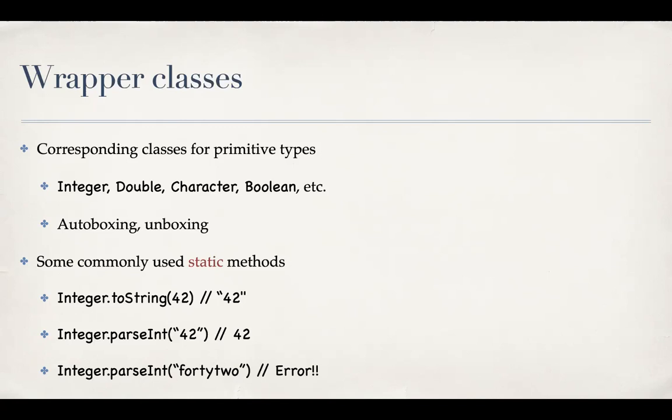Primarily to overcome that problem, Java's generics, which let you create lists and all, were introduced much later, in Java 4, if I'm not wrong. Until that point they didn't have this problem, but once generics were introduced, Java's designers had to decide what to do.